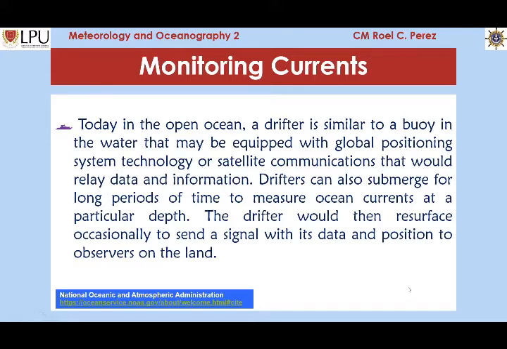So in that way, the observer on land can use the data for the calculation or the monitoring of currents.